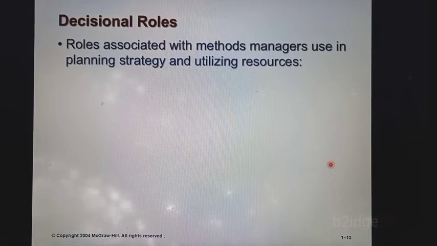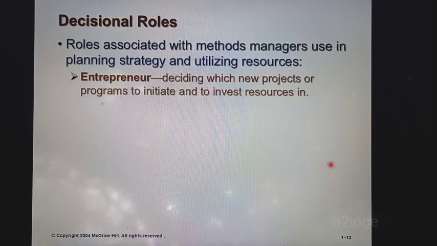So now let's proceed with the decisional roles. These are roles associated with methods managers use in planning strategy and utilizing resources. Entrepreneur, they're entrepreneurs when they decide which new projects or programs to initiate and to invest resources in.